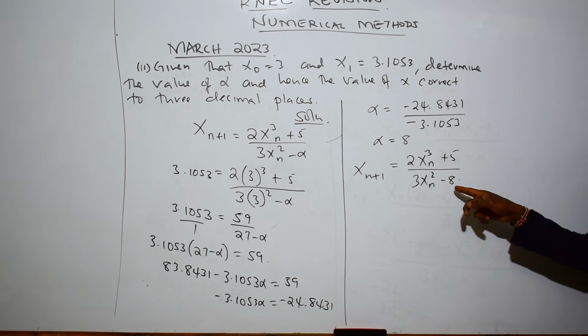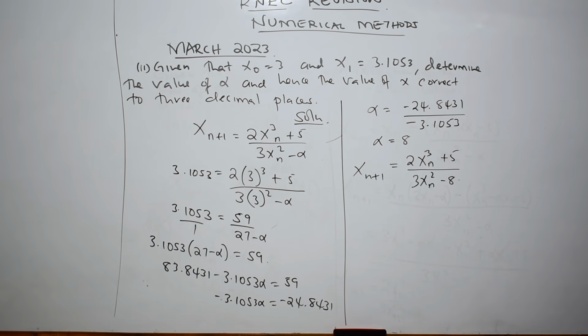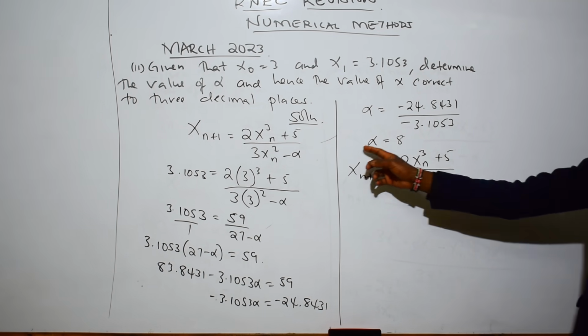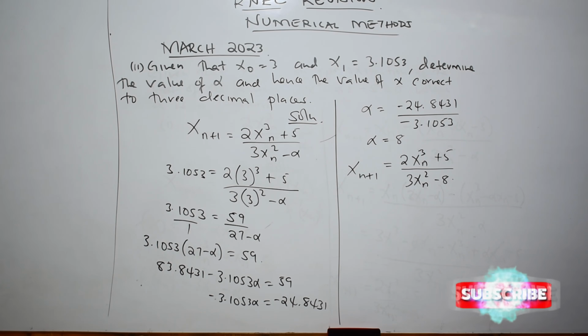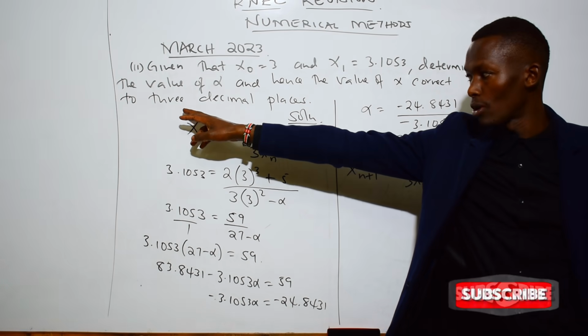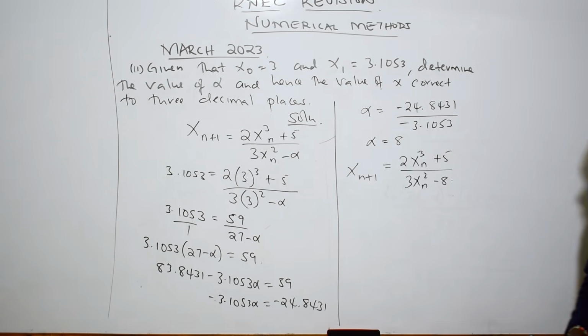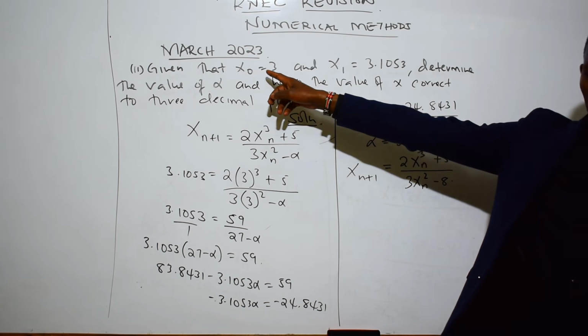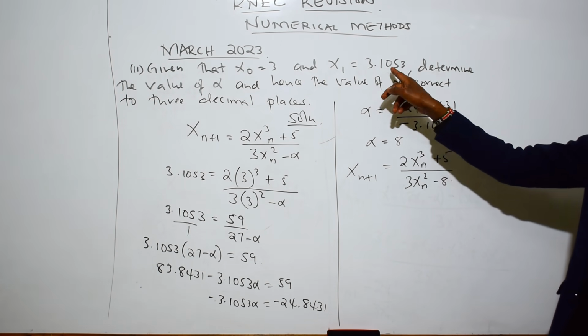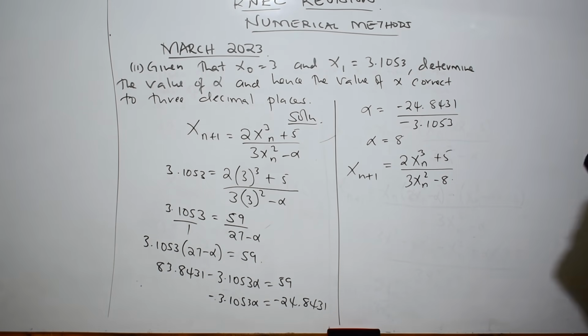So we have our value for alpha. Now since we have the best approximation, we find the value of x. The best value of x, correct to how many decimal places? 3 decimal places. Now, we are not going to start from x0. We already have a value for x0, we already have a value of x1. So we can go to x2, right?